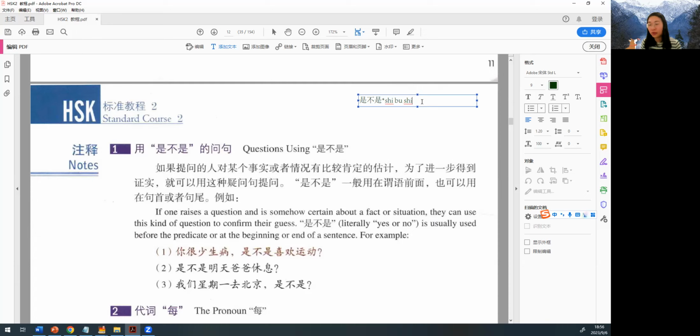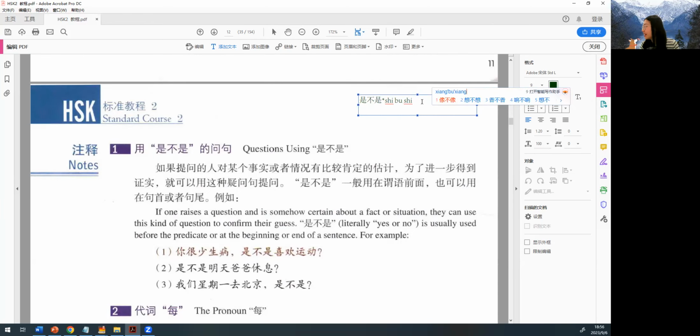Then what else can we think of from this question symbol? We have also I want or I don't want. Of course, in a question it should be do you want or you don't want. So we can say 想不想.